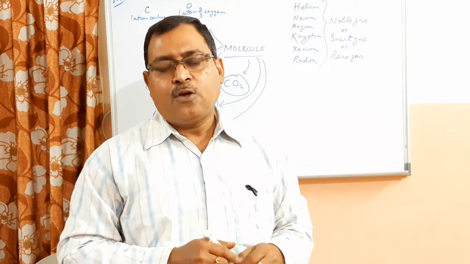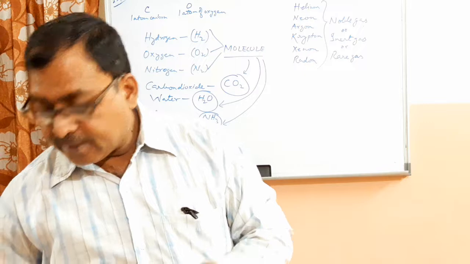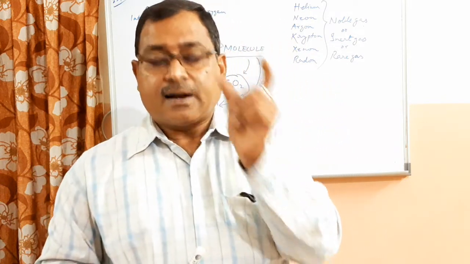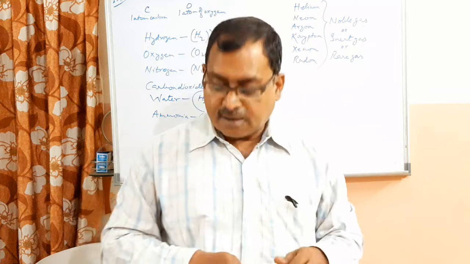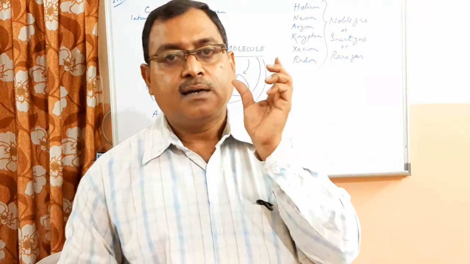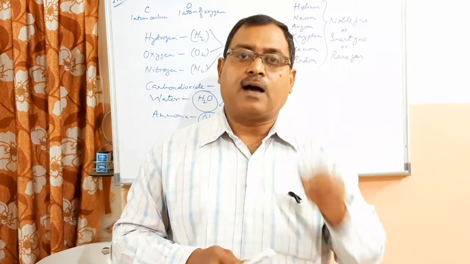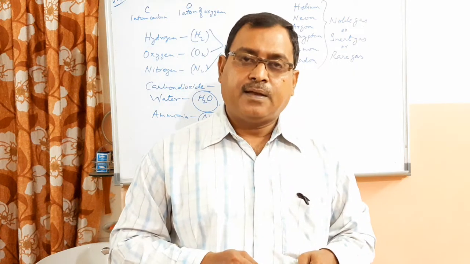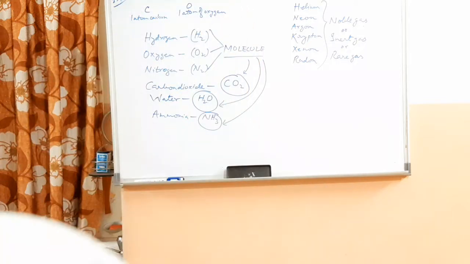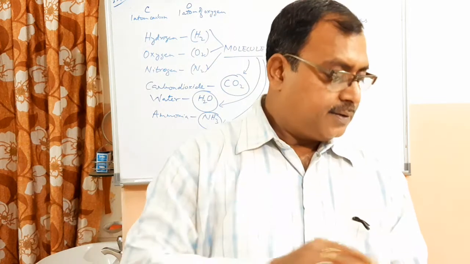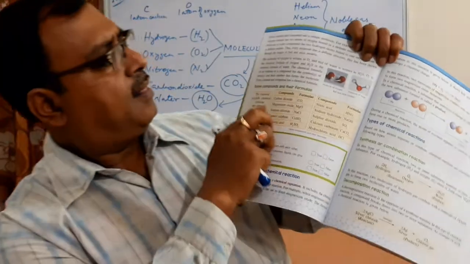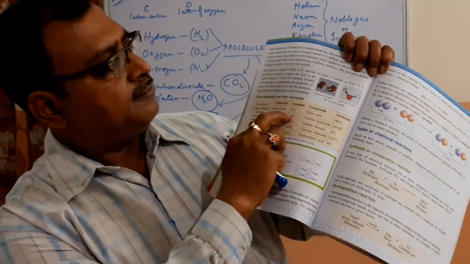Clear? So again, in your book you will find there is a chart where different compounds are there, the names are there, and you will have to memorize the compounds and their formulae. Clear? If you want to see, I can show you in the book. See, here is a chart where some compounds and their formulae are given.